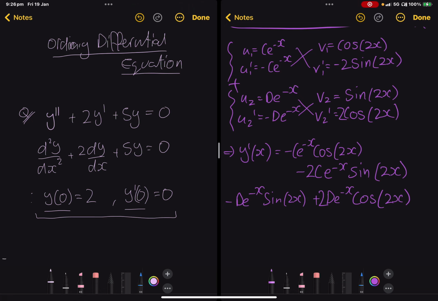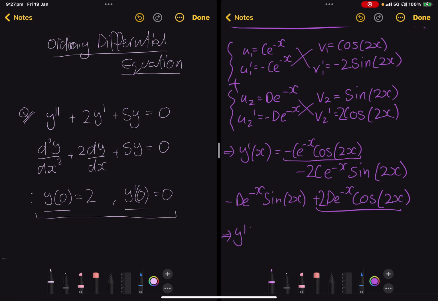Now, one thing we want to try and do straight away is we want to try and factorize this if we can. A lot of stuff does have e to the minus x in it. A lot of stuff does have sine and cosine. So you'll notice we could factor e to the minus x times cosine out of two of these terms, this one and this one, then do the same for sine. We could do sine first, actually, because that would give us sine first, which makes sense.